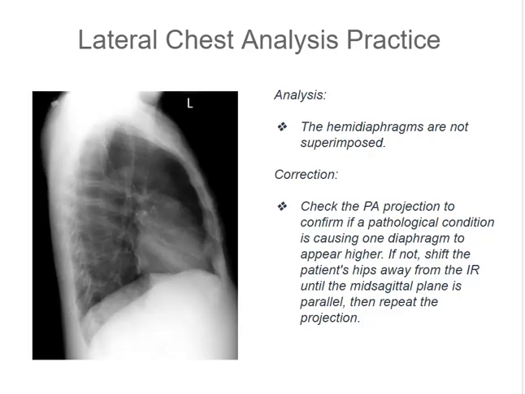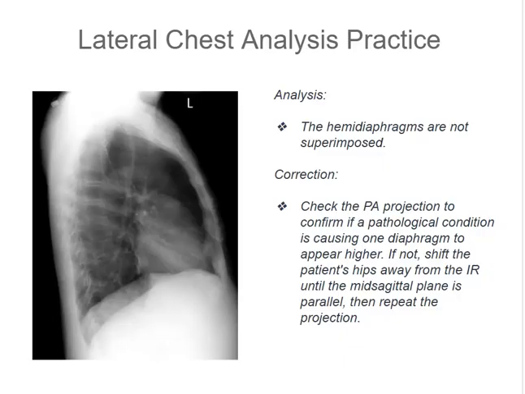Let's look at this last practice analysis together. When looking for rotation, you really don't see any. The posterior ribs are adequately superimposed. However, the hemidiaphragms are not superimposed. I think it's important to note that when you see this, you should definitely question it.